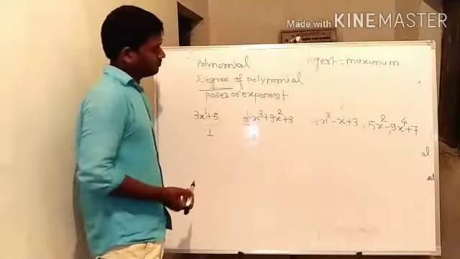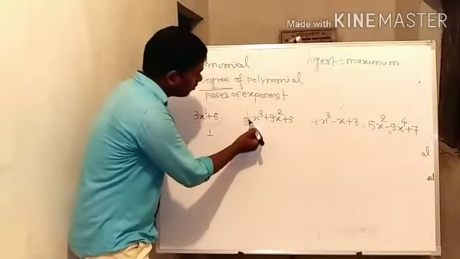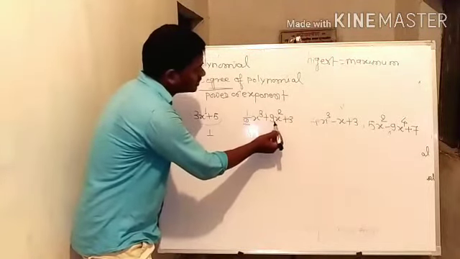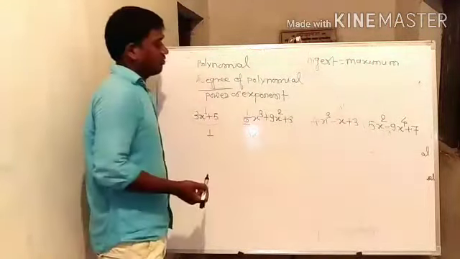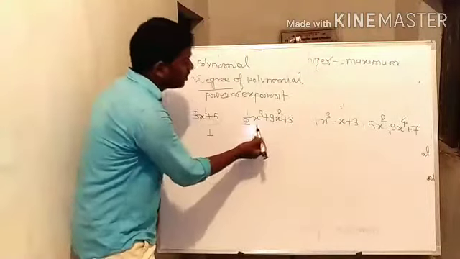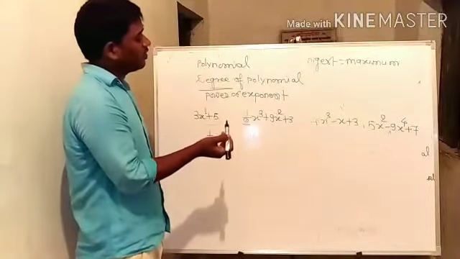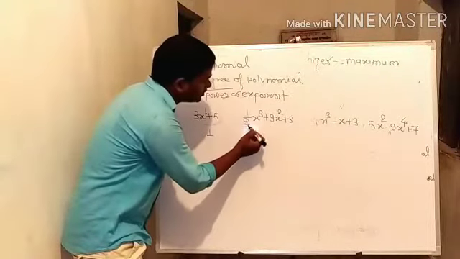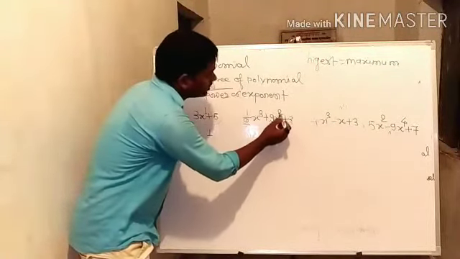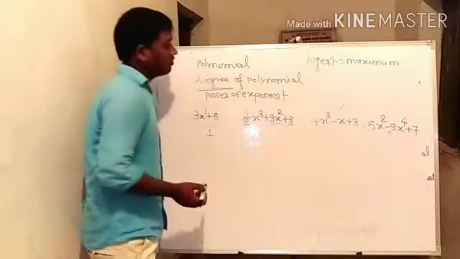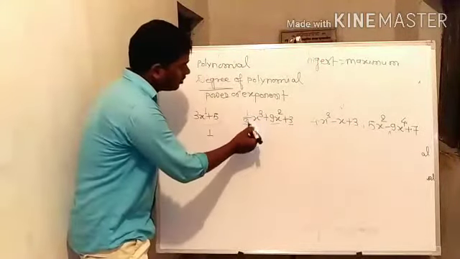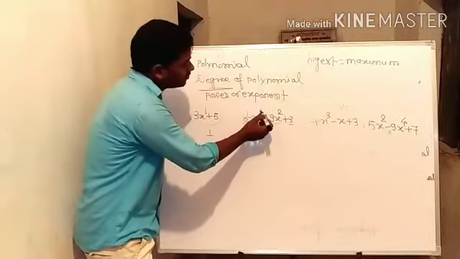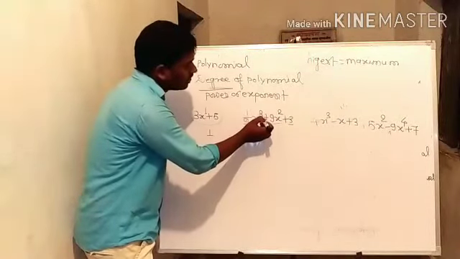The second is 1 upon 2 x cube plus 9x square plus 3. In these polynomials, what is the power of each variable? 1 upon 2 x cube is the first term, 9x square is the second term, and 3 is the third term. In 1 upon 2 x cube, the power of the variable x is 3.